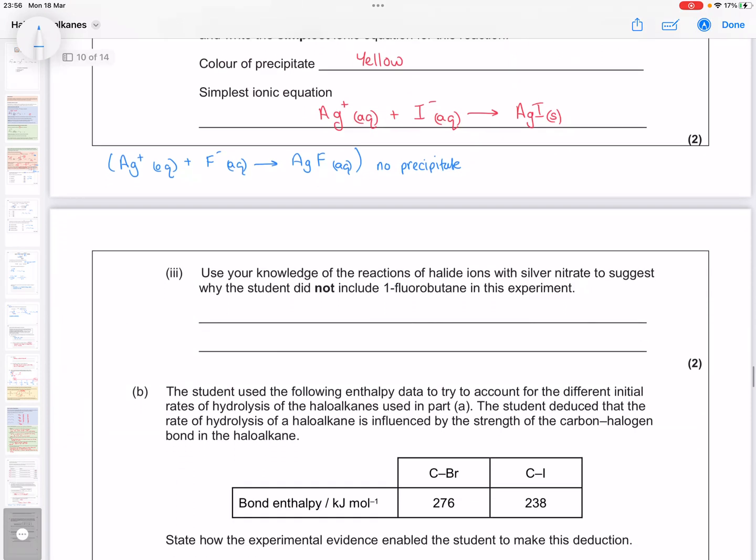Use your knowledge of the reactions of halide ions with silver nitrate to suggest why the student did not include 1-fluorobutane. I should have preempted that. So AgF is soluble in water and does not form a precipitate.